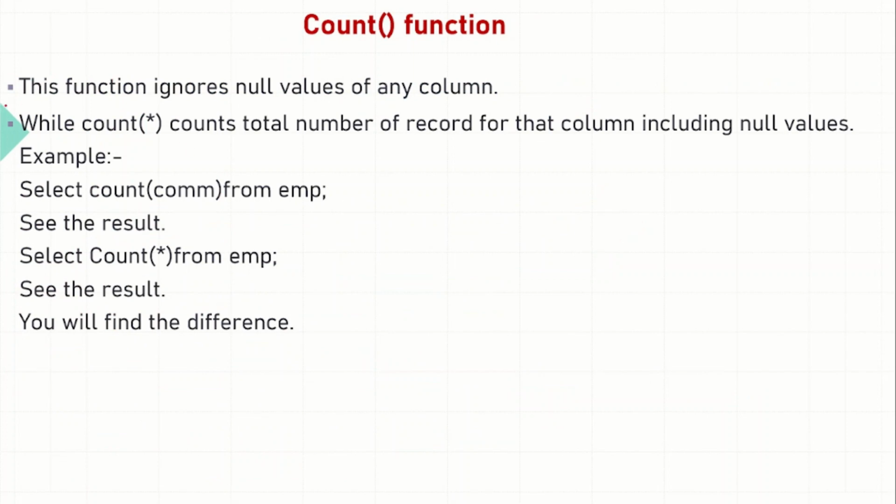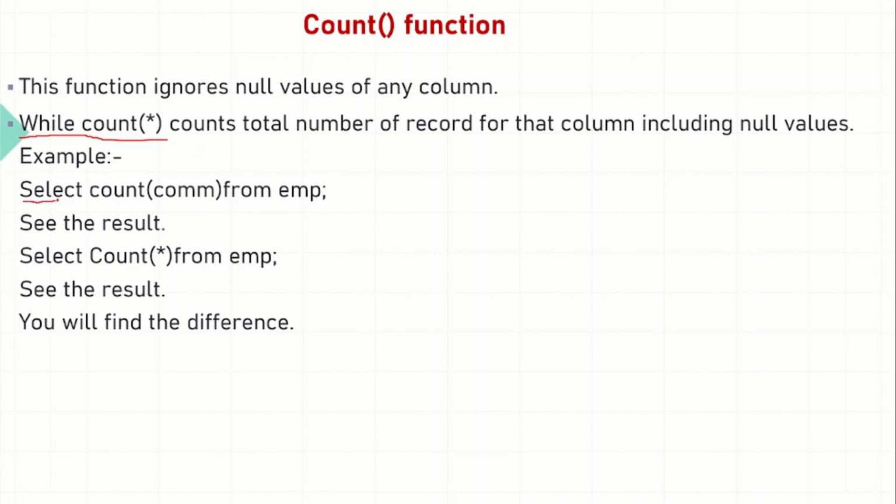Now see some examples related to the count function. This function ignores null values of any column. Null value means if there is no value in the column, it won't count it. But when we use count with star, it counts even null records also. Clear?